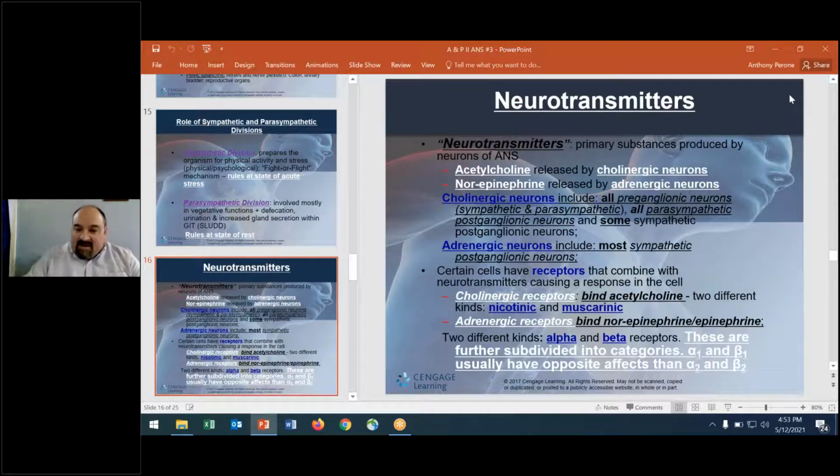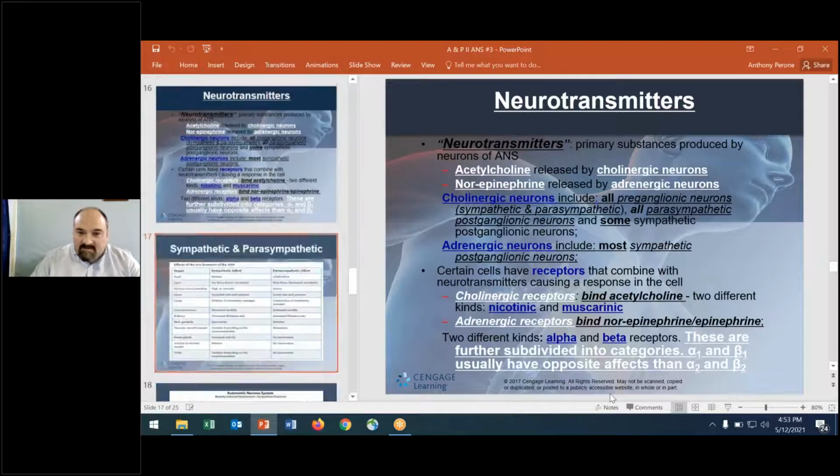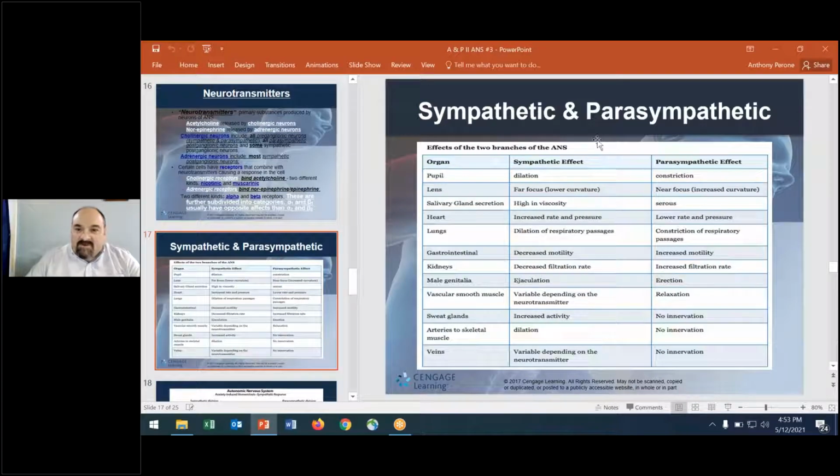All right, and understanding regarding the neurotransmitters and the receptors, and also alpha and beta, what does that represent? We have here a nice chart talking to you about the sympathetic and parasympathetic influence. And I said to you that really, if you focus on one, you'll know the other.